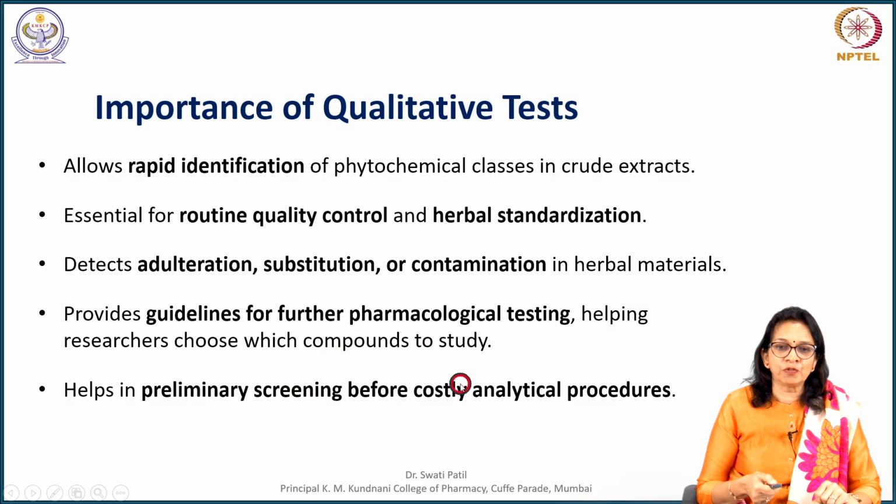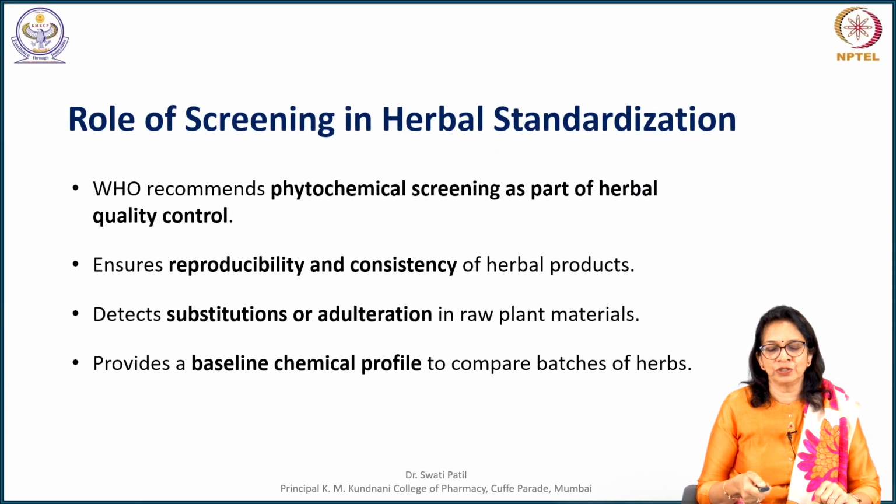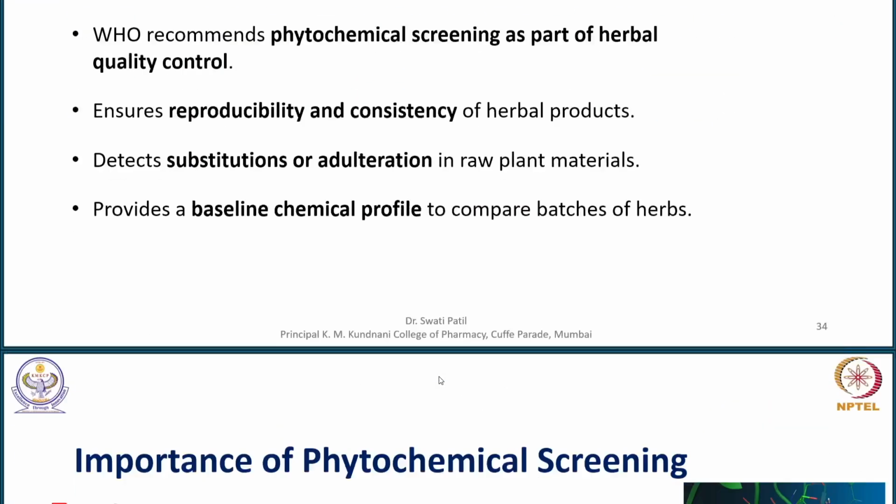Very important before we go for any costly analytical procedures of isolation. The WHO also recommends phytochemical screening as part of herbal quality control. This ensures reproducibility and consistency of herbal products. It detects substitution and adulteration and provides a baseline for chemoprofiling.